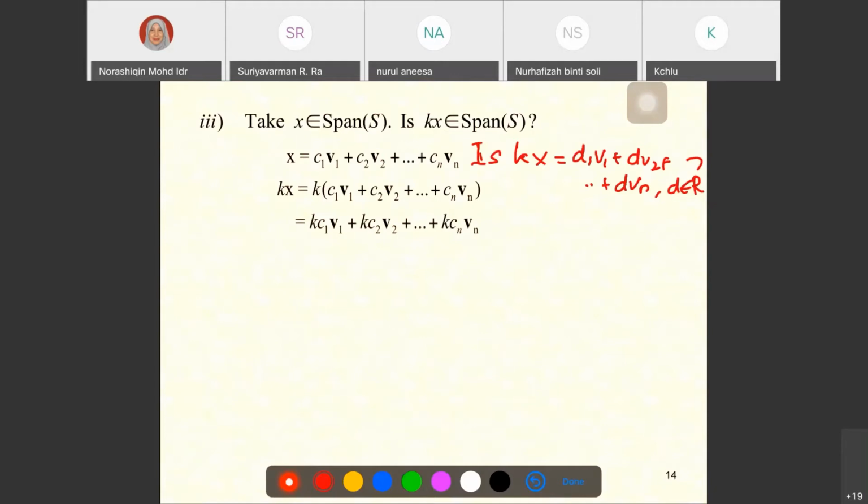So now, our KC1 is D1, our KC2 is D2, and so on. In my notes, I put L, so I use L1, L2, up to Ln.